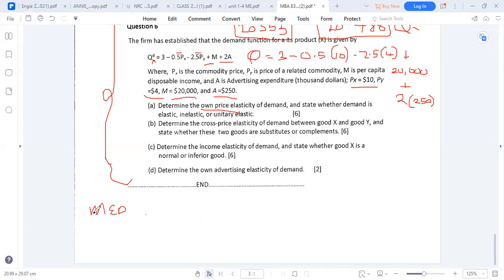Income can be denoted by the letters M, Y, or I. It's the gradient for the income, because we're dealing with M, then the actual income over quantity of X. So what is the gradient for the income in this case?